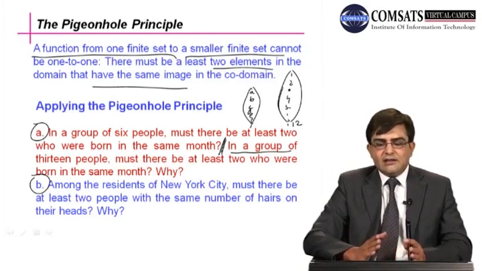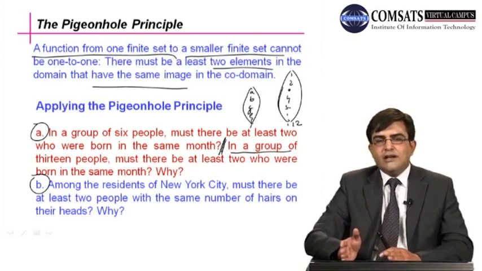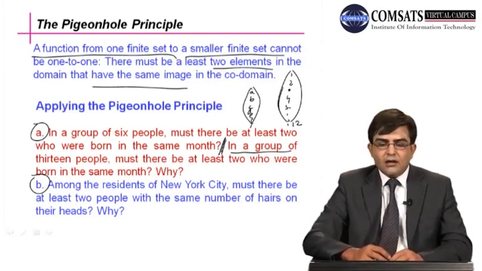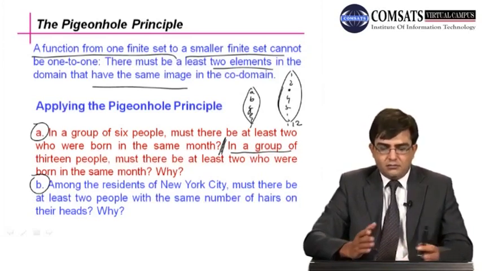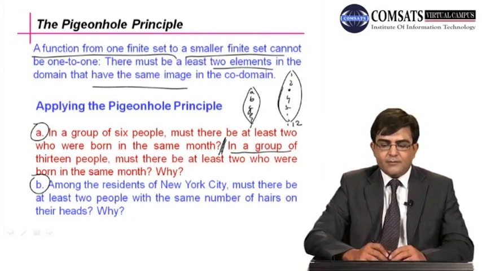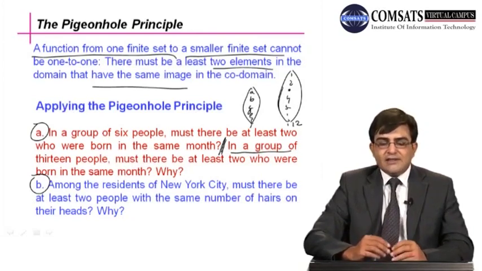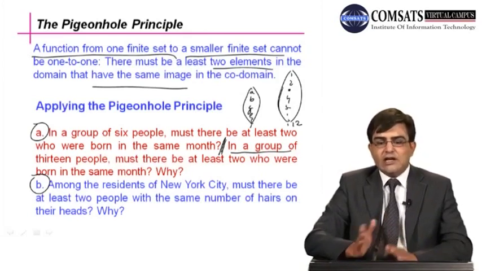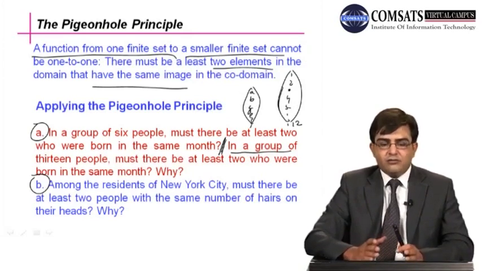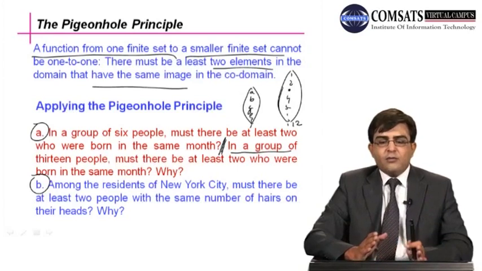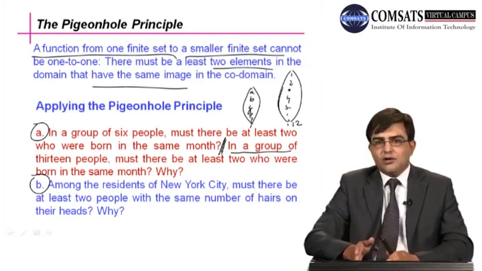As there are fewer elements in the domain set and more elements in the codomain set, we can define a one-to-one function between these 2 sets, so the Pigeonhole Principle does not apply. The Pigeonhole Principle says that we cannot define a one-to-one function from a larger finite set to a smaller finite set.